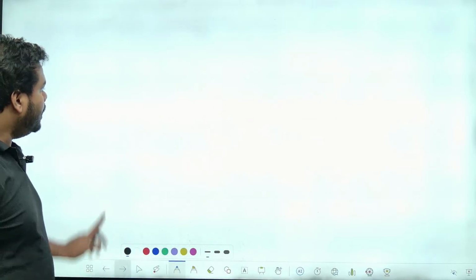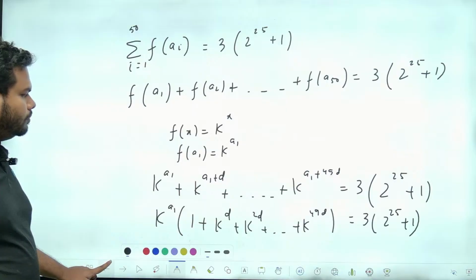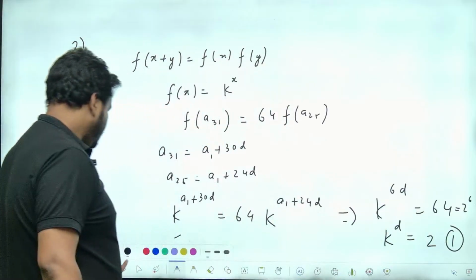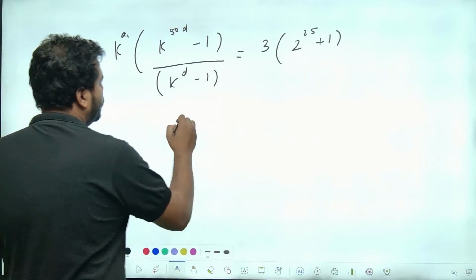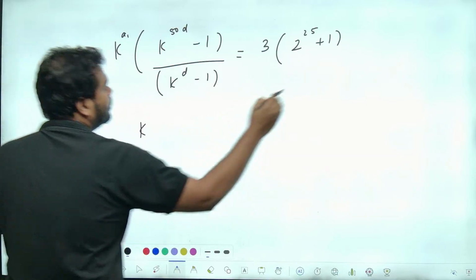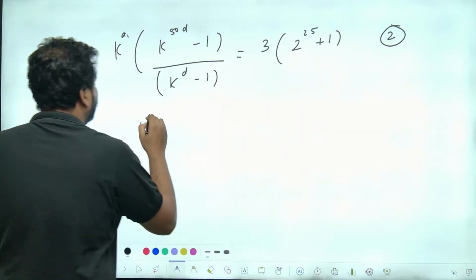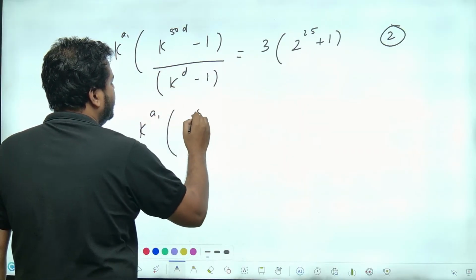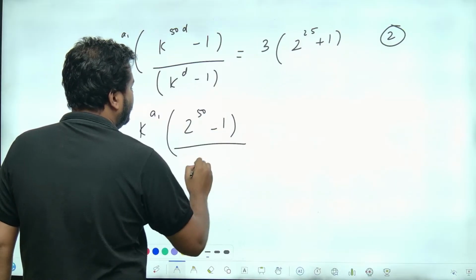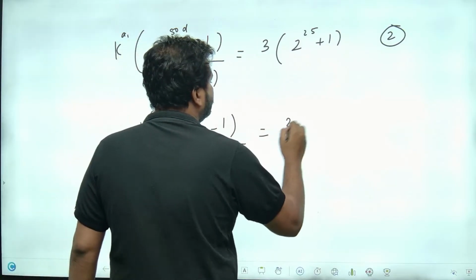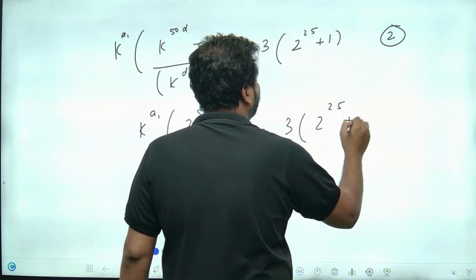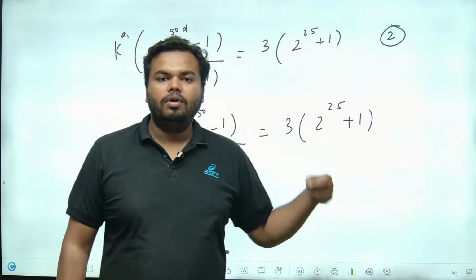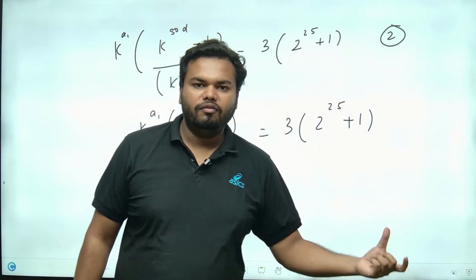Now we have from equation 1 k power d equal to 2. So put it in equation number 2, it becomes k power A1 times 2 power 50 minus 1 upon 2 minus 1 is equal to 3 into 2 power 25 plus 1. 2 power 50 minus 1 is equal to 2 power 25 minus 1 into 2 power 25 plus 1.